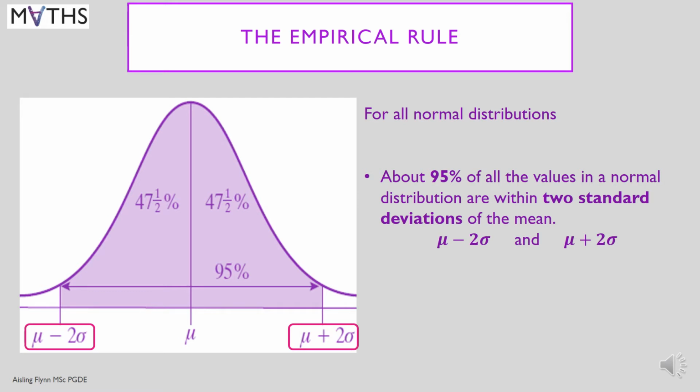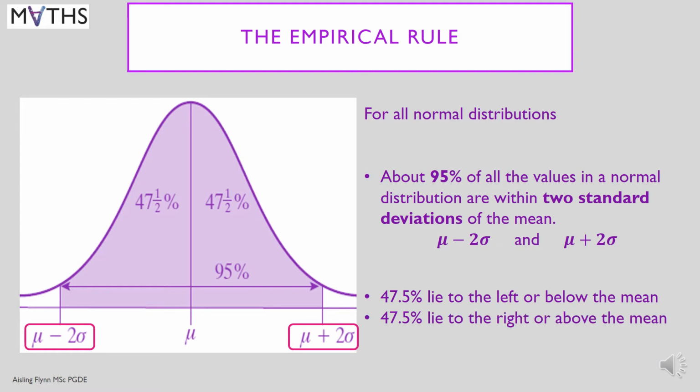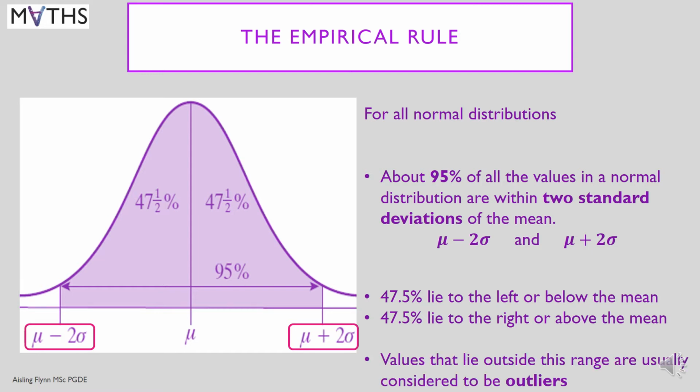Okay, and if we split that 95 symmetrically about the mean, so the mean is down the middle, you'll find 47.5% to the left or below the mean, and 47.5% to the right or above the mean. And generally, values that lie outside this range are usually considered to be outliers.